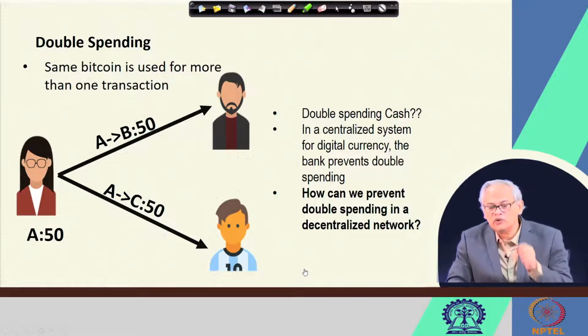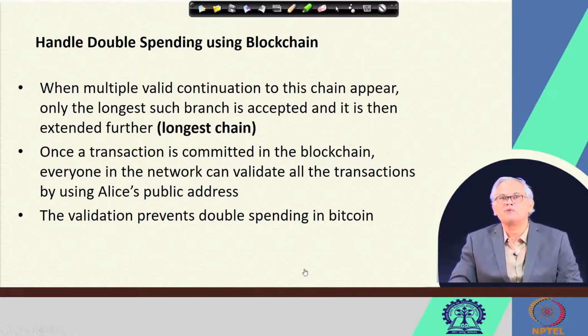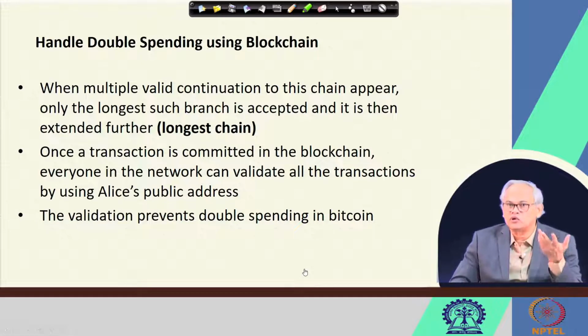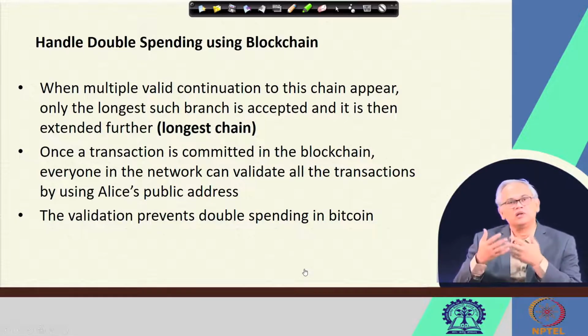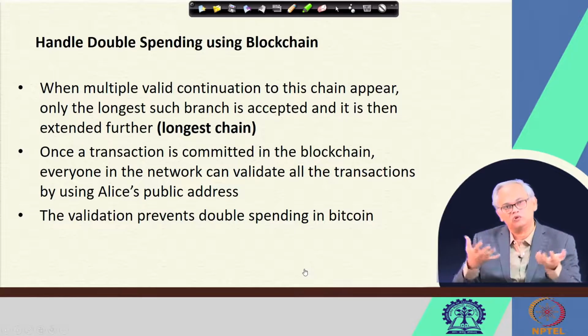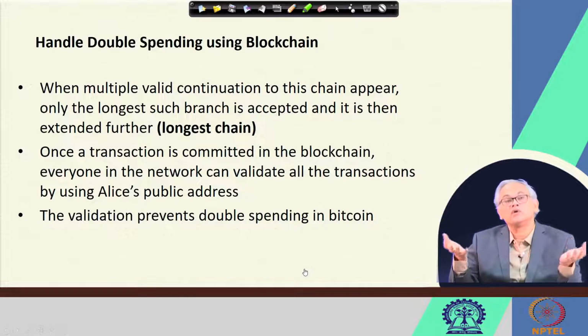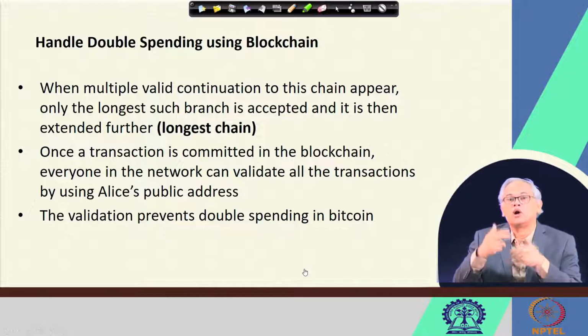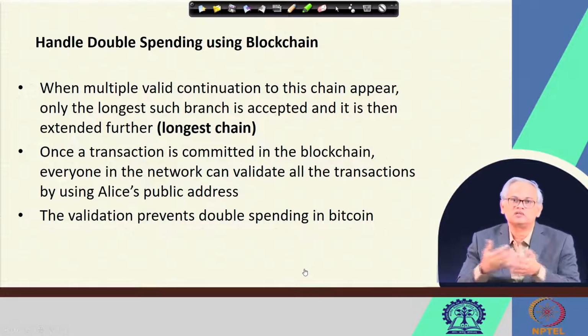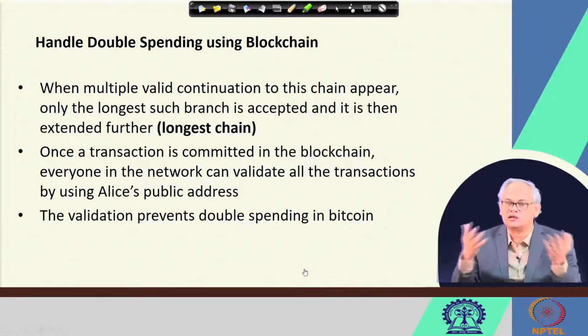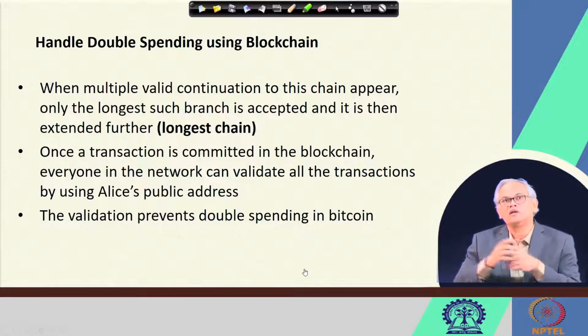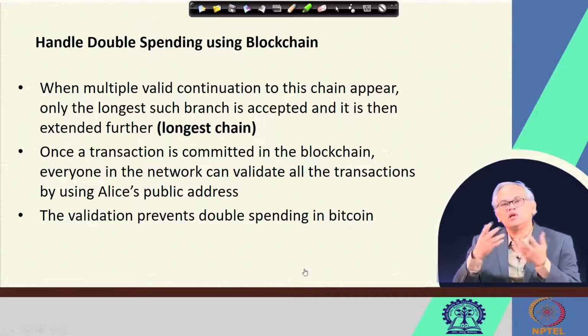But then how can we do it in a decentralized network? Effectively, as we have seen, every transaction gets validated and the blocks get validated. So, for a transaction and its double spending transaction to appear in any block and get added to the blockchain, what will happen is that if both get added to the same block, it will get detected.